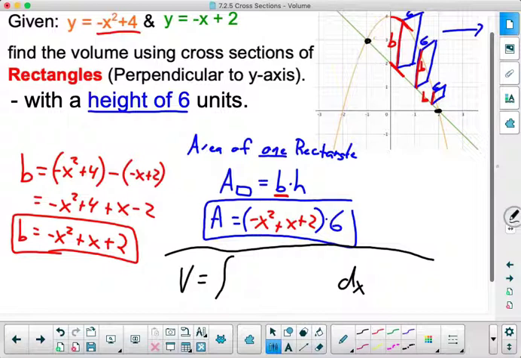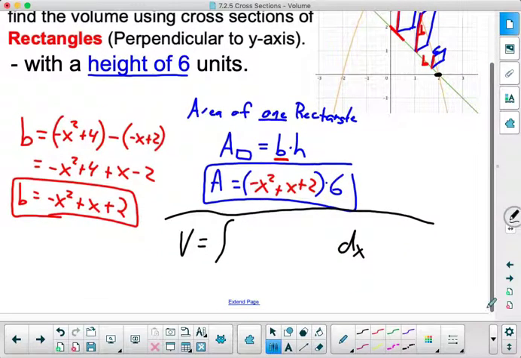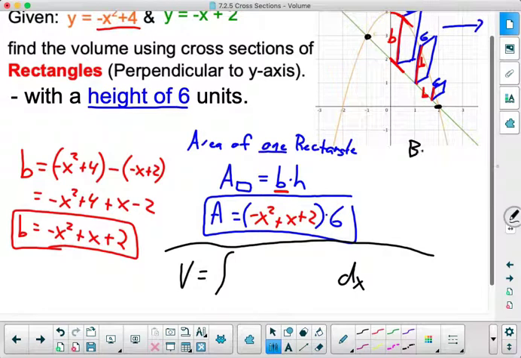Bounds this time. How do you find those bounds? Well, this is where I wish I didn't have the smartboard in front of me, but my bounds come from setting the functions equal to each other.